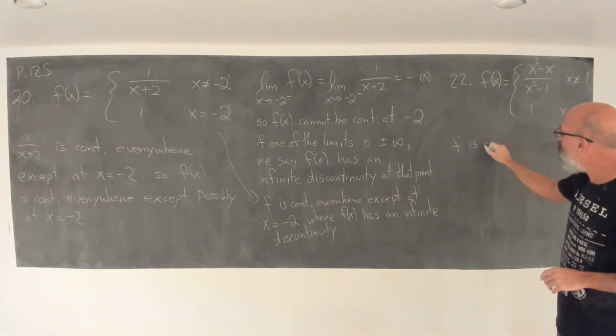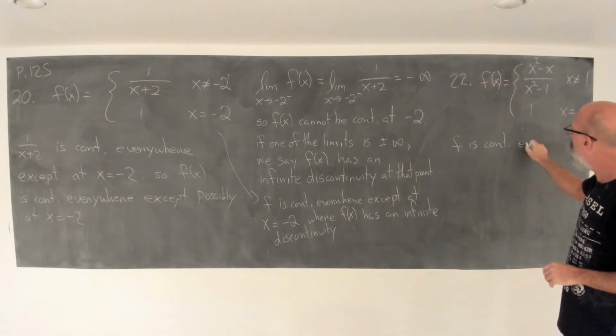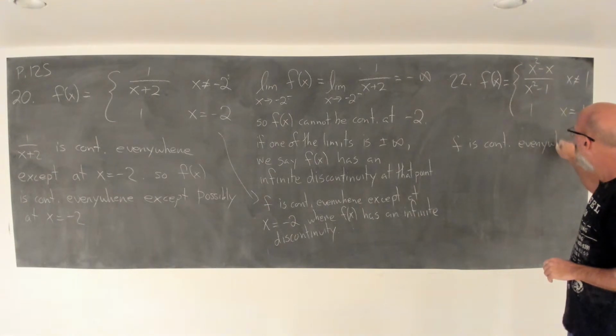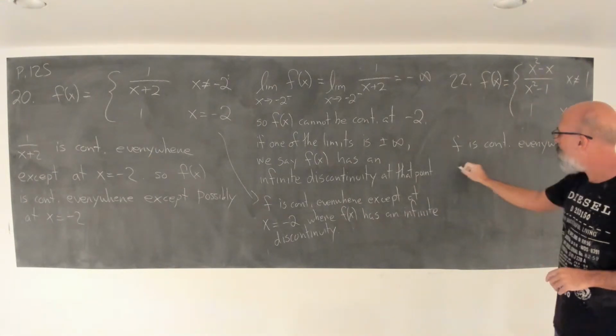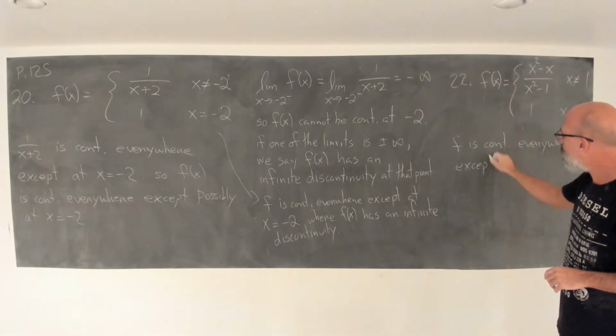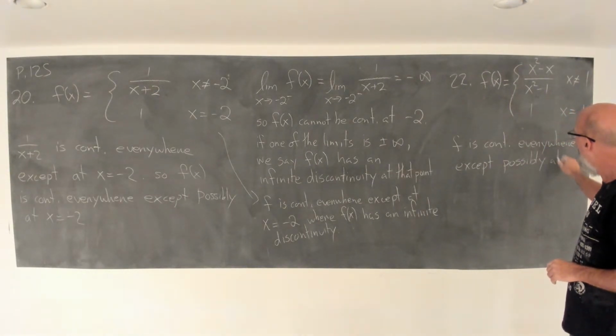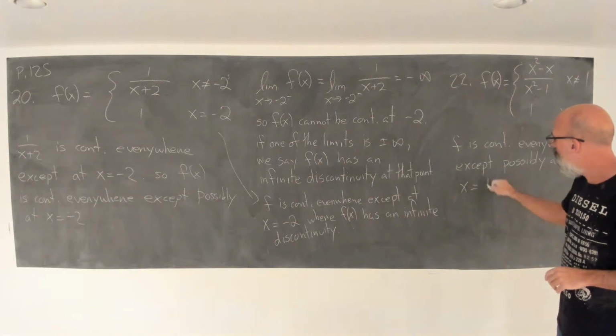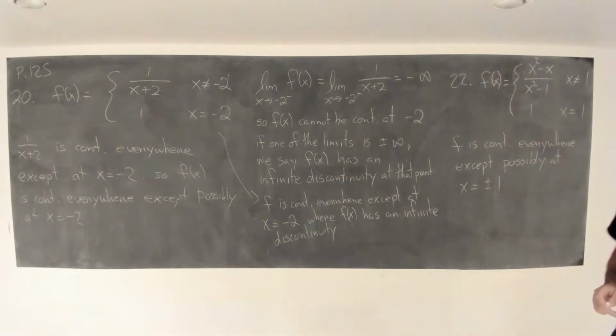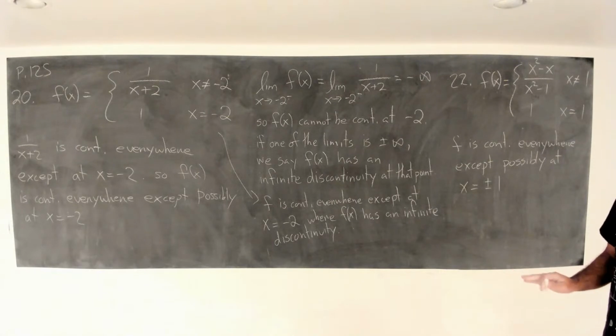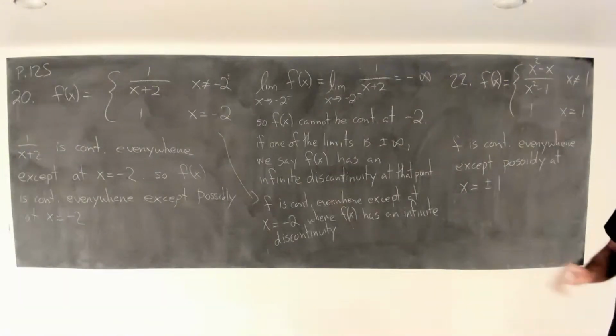F is continuous everywhere except possibly at plus or minus 1. Everywhere except where the denominator is 0, you've got continuity.